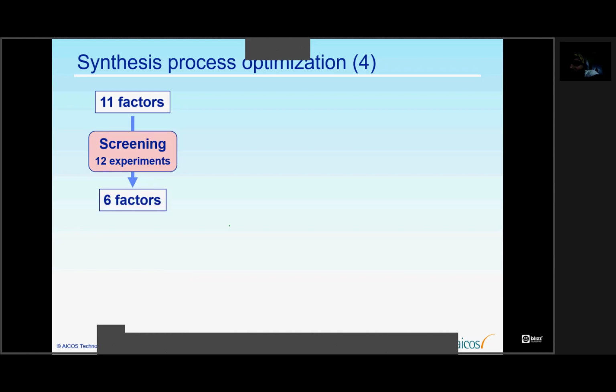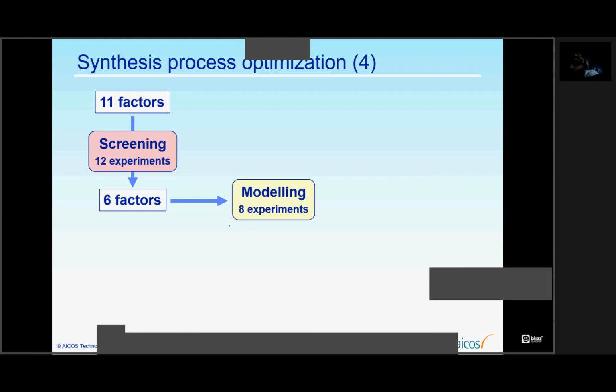Then we found in this application that only 6 factors were important. And with the 6 factors, we were able to reduce the complexity and thus to go to the next phase 2, which is modeling with 8 experiments here, a little more experiments depending on how detailed you want to analyze that in terms of interactions in particular.